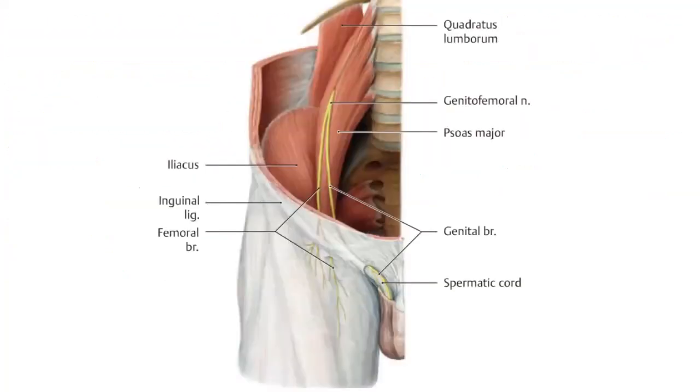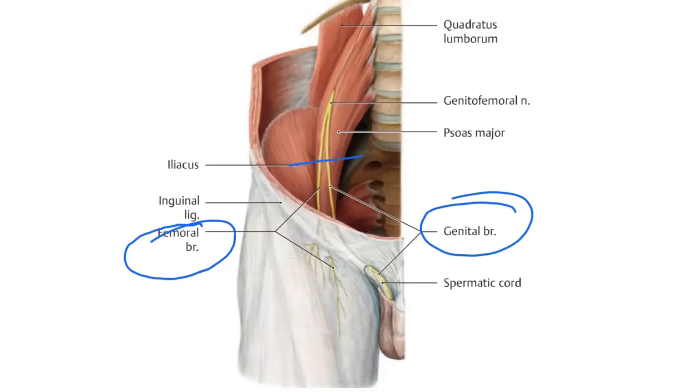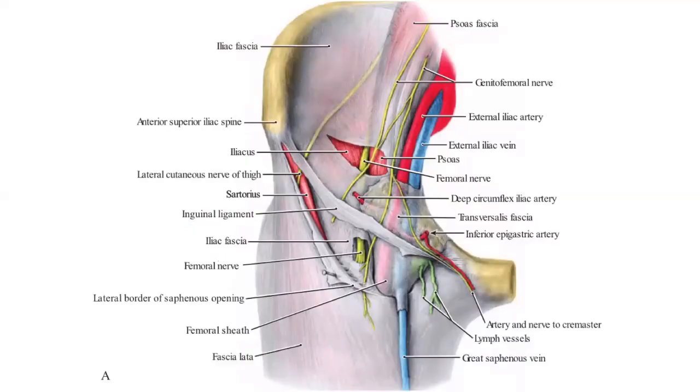Okay, you see, this is the femoral branch, and this one is the genital branch. This is the genitofemoral nerve. See, from L1 and L2. Okay, so one branch supplies this.